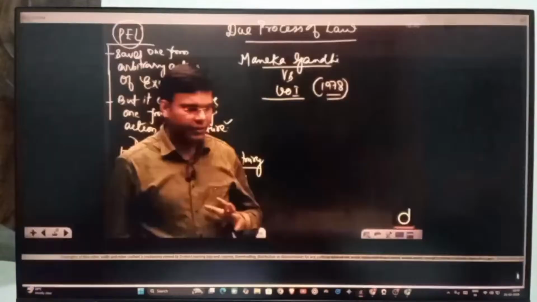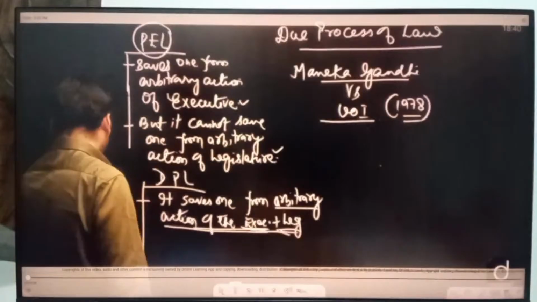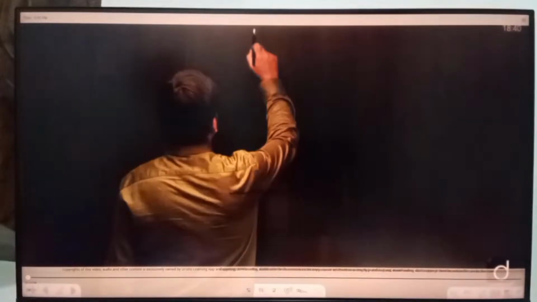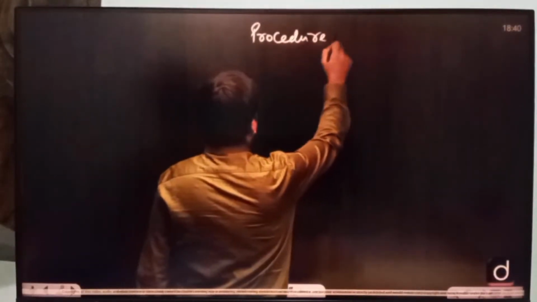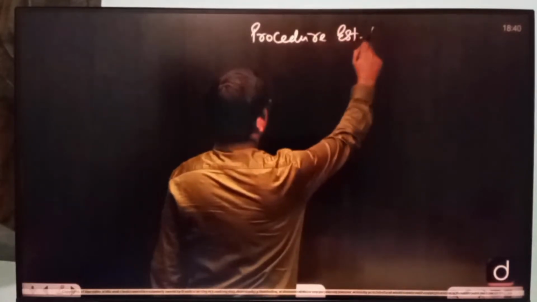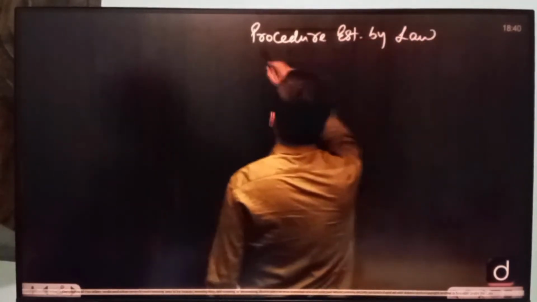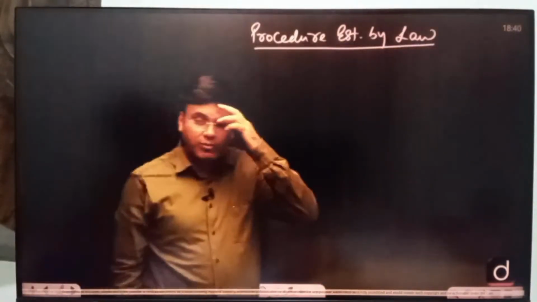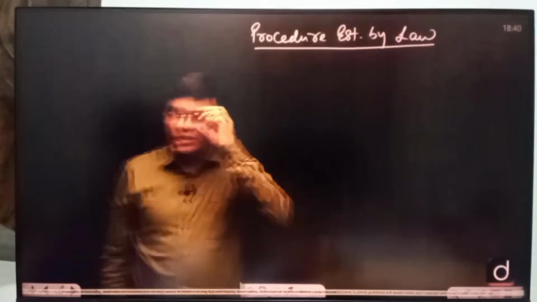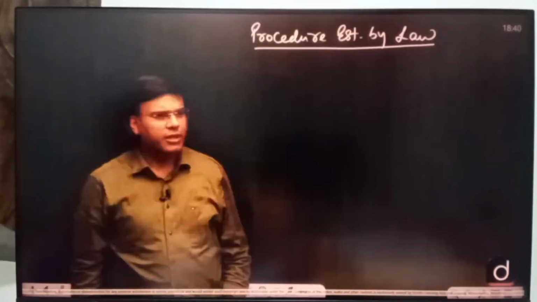So now we'll try to understand these two concepts, the first being procedure established by law. As I said, it is based on the English Constitution. The concept of procedure established by law is derived from the practice which prevails in Great Britain, because it is derived from the English Constitution.